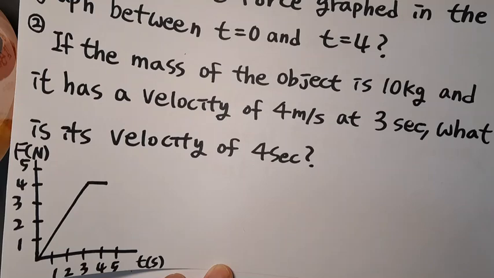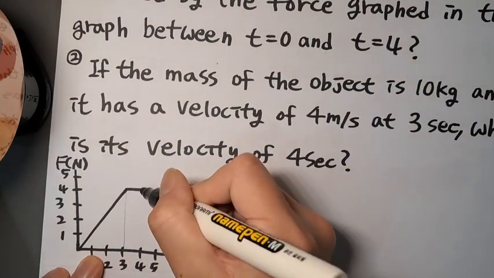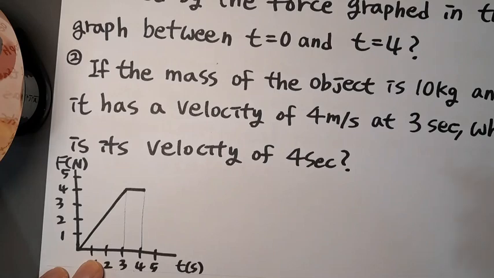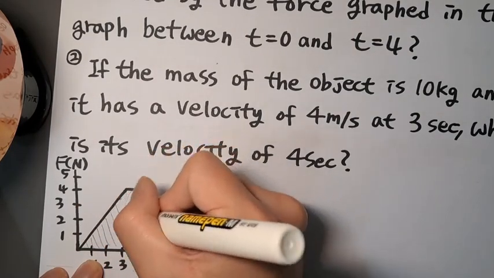In the force-time graph, the area is the impulse. So we are going to find this area and this area.